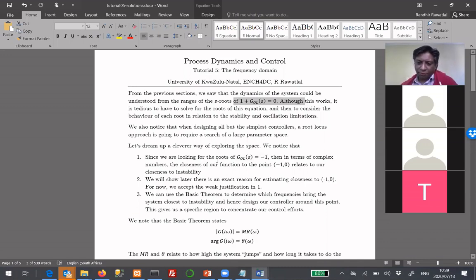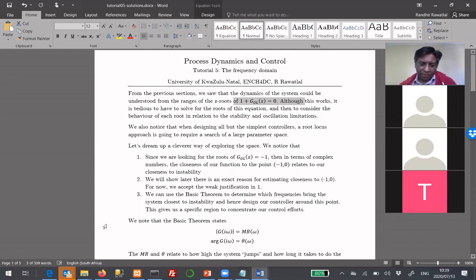If you've covered notes 6, you will follow the exact logic for closeness to -1, 0 being instability. So the closer our open loop function goes to -1, 0, the closer we are to instability. That's if we apply S equals i omega, right?